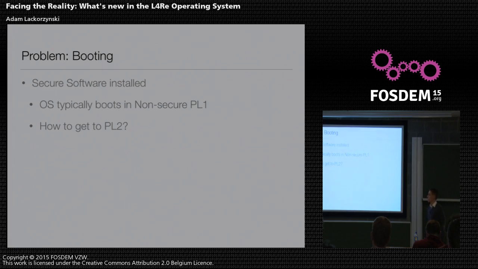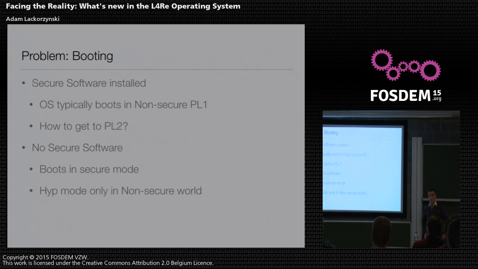So the question is how to get to PL2 mode. And the other problem is if there is no secure software installed, you get booted into the secure mode, and the HYP mode is only available in non-secure mode. So what can you do?